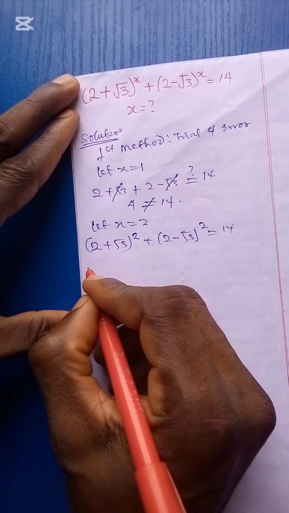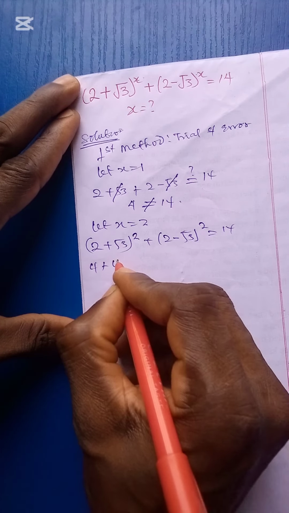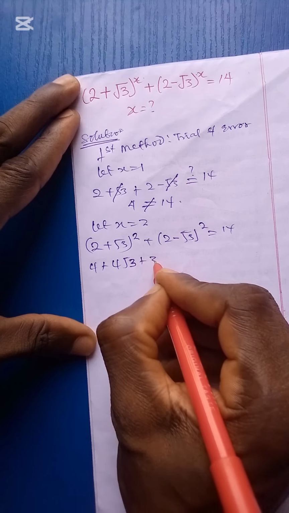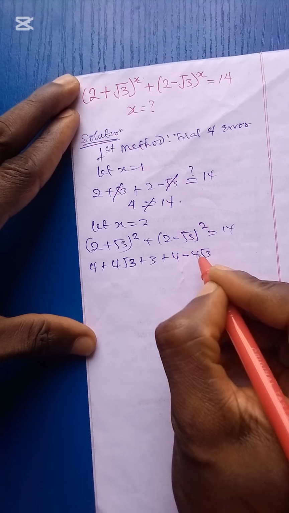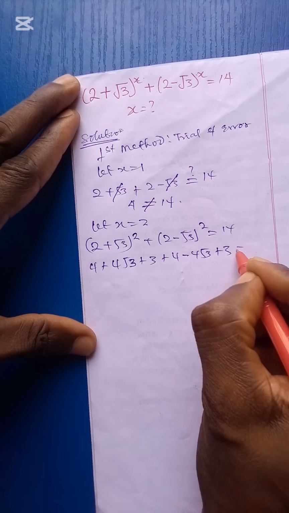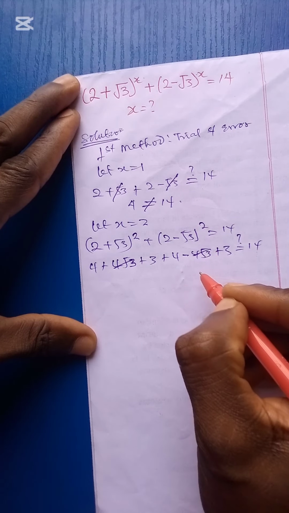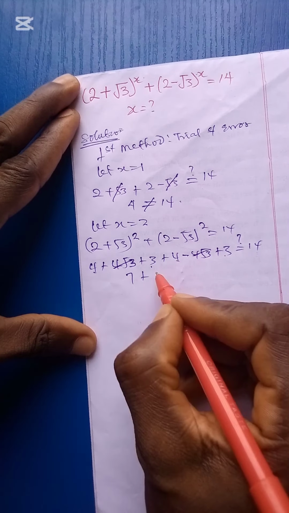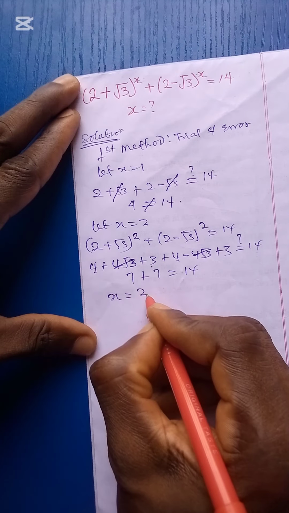If I expand this, I have 2 times 2 is 4 plus 4√3, then plus 3, plus 4 minus 4√3 plus 3, is equal to 14, I'm trying to find out. This and this will cancel out. 4 plus 3 is 7. Then 4 plus 3 again is 7, equals 14. So x is equal to 2.